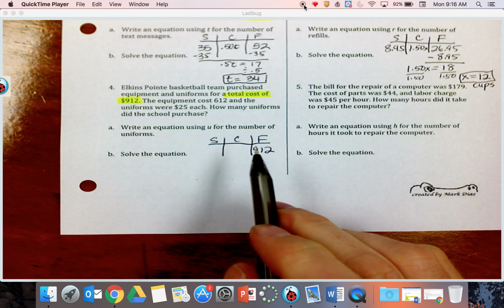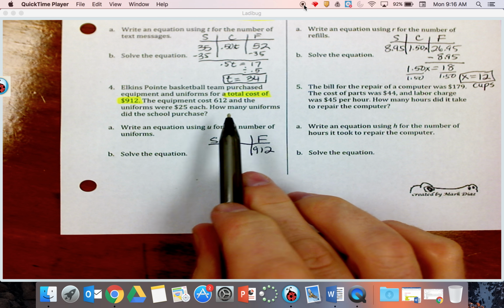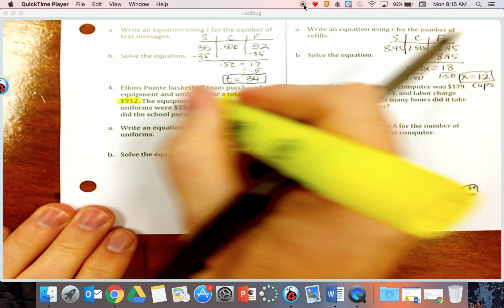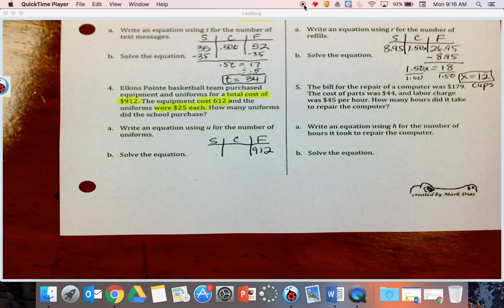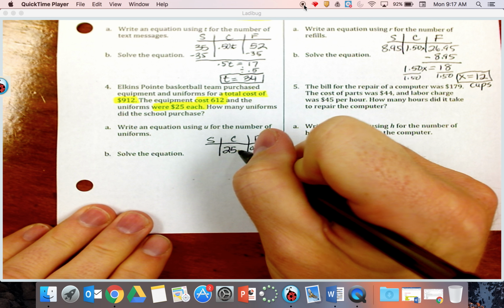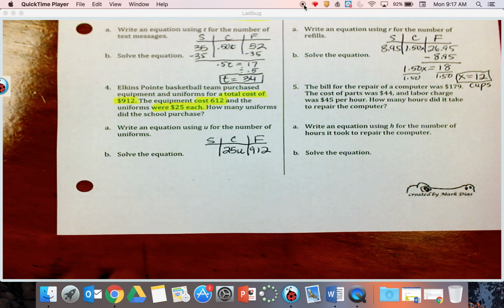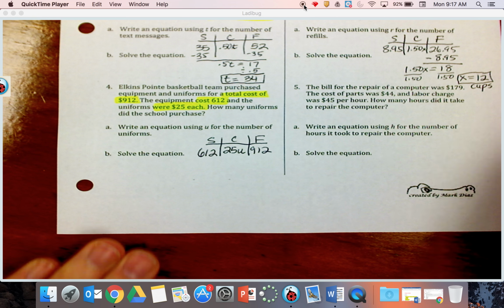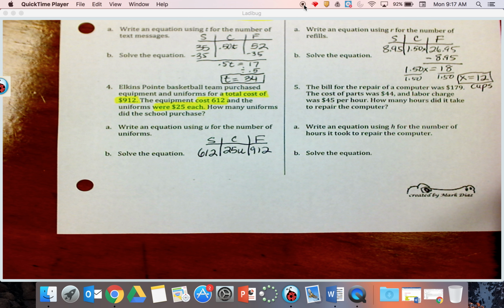The equipment costs $612 and the uniforms were $25 each. You see that word each again? That word each tells me 25, and I'm going to put a U here for uniform, is my change.